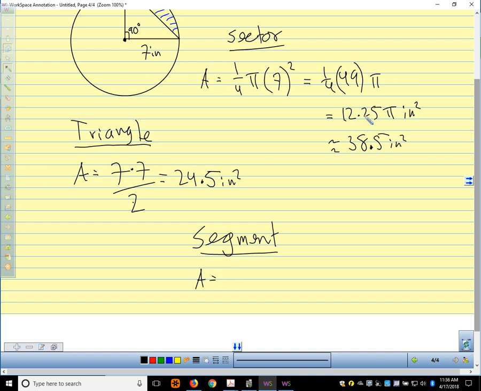So for the segment, the area is the area of the sector, 12.25 pi minus 24.5 square inches. If they wanted our answer in terms of pi, we just have to leave it like that.